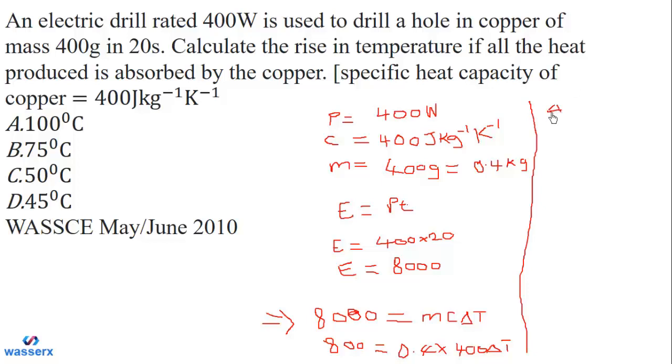So this implies that change in temperature is equal to 8,000 divided by 0.4 times 400.